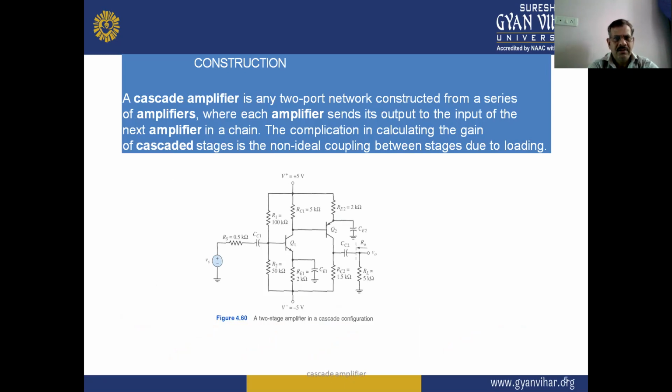Next one is the construction of a two-stage amplifier in a cascade configuration.